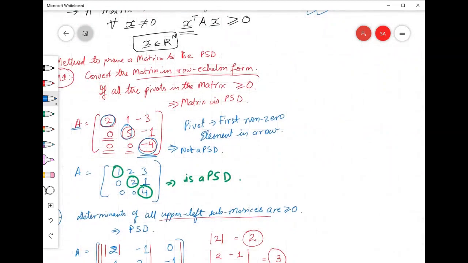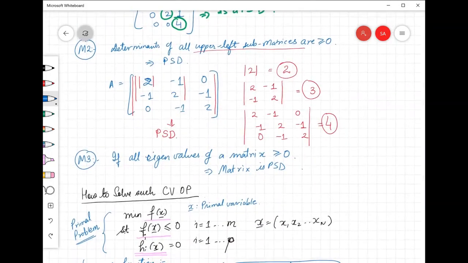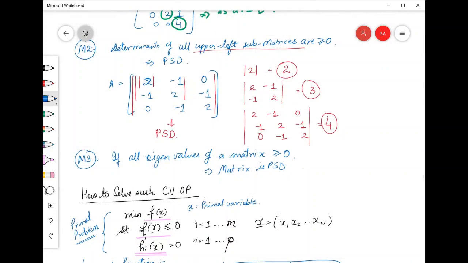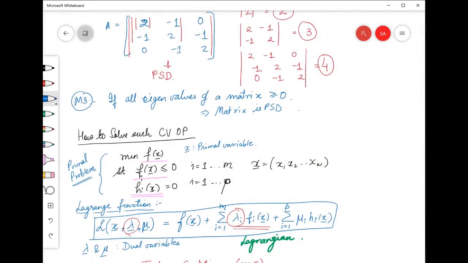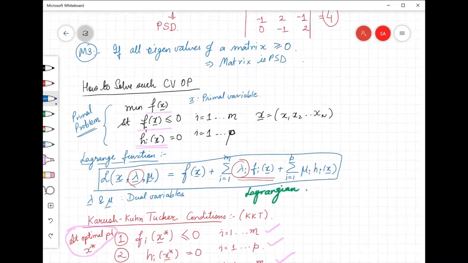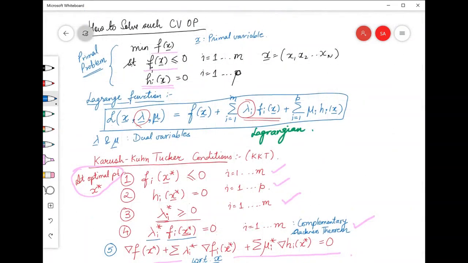We talked about three methods. The first is converting the matrix to row echelon form and checking the pivots. The second is finding the determinants of all the upper left submatrices. The third is checking whether all the eigenvalues of the matrix are positive, in which case the matrix is positive definite. Then we showed how to solve the convex optimization problem.